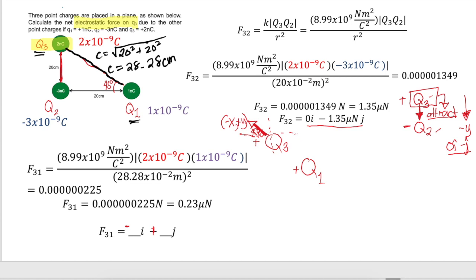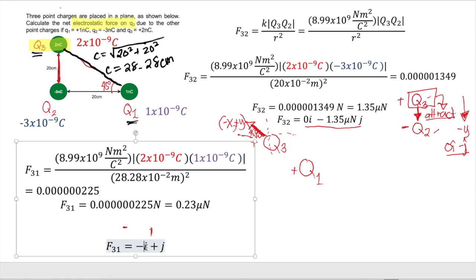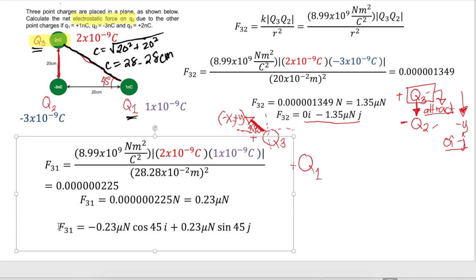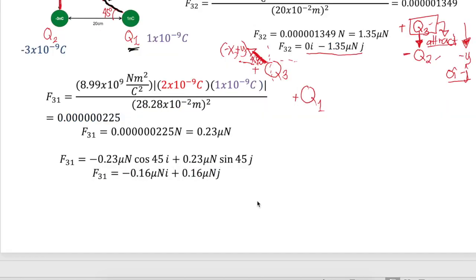Now, if you solve that, for the negative x, we use 0.23 cosine 45 degrees. It should be negative, guys. Cosine 45 degrees will be our i hat. And then a positive 0.23, and I will use sine here, sine 45 degrees. Now, if I solve that, that would be 0.16, and I will have this one.